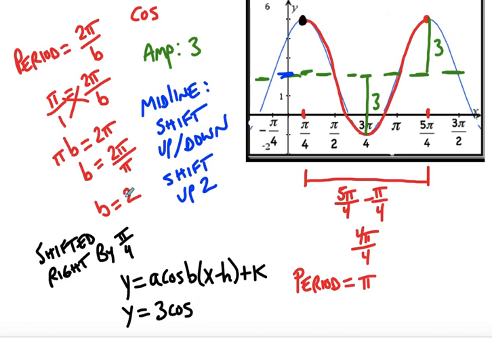The b value we figured out was 2. We shifted to the right, so that means a minus, and it was shifted by pi over 4. And then we had a shift up 2, so that would be plus 2. So this would be our equation.